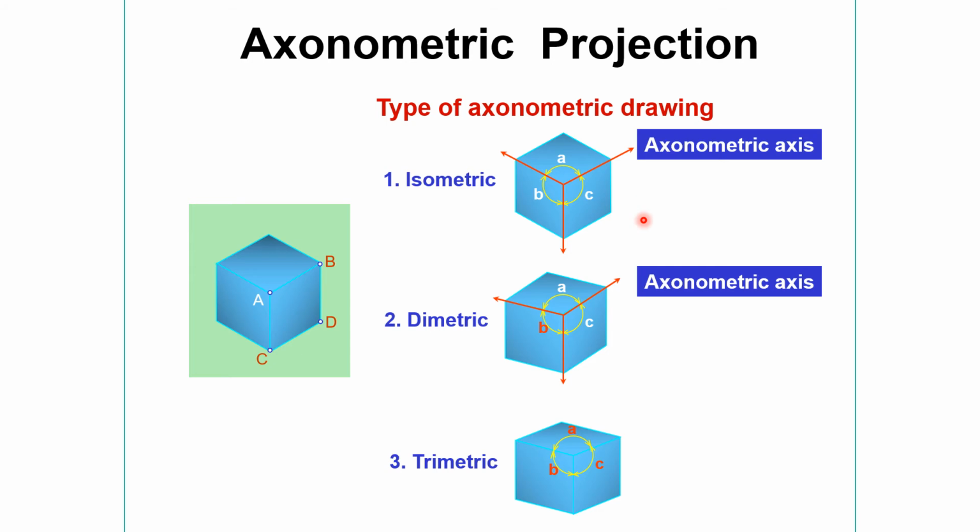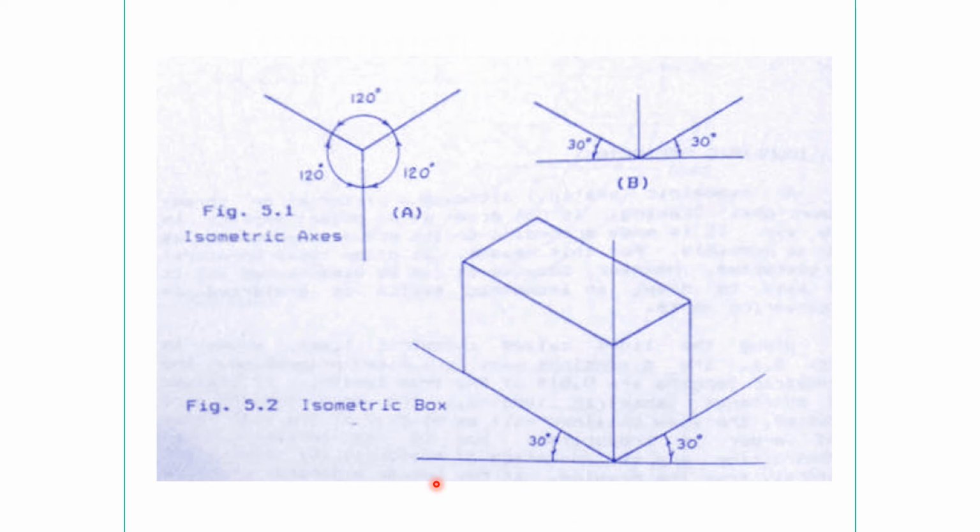All are axonometric axes, but there are different types. Isometric, where all angles are equal; dimetric, where angles A and C are equal but not equal to B; and in the trimetric, all the angles are not equal. Here is again the isometric axis, where all angles are 120 degrees.